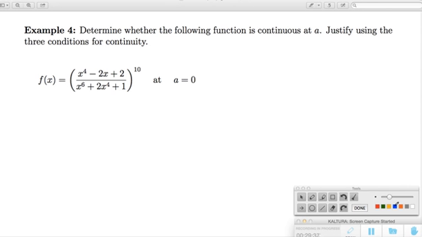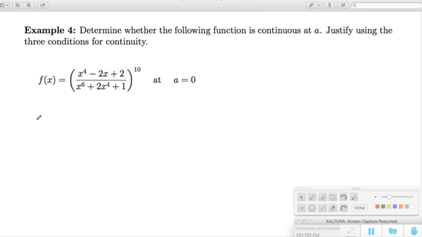Now for example 4 here, we're supposed to be considering the particular function at a equals 0. As we proceed here, this is actually going to be easier than you think.